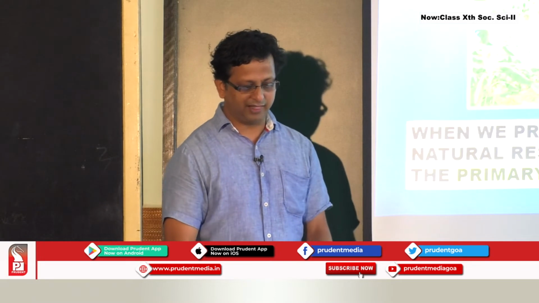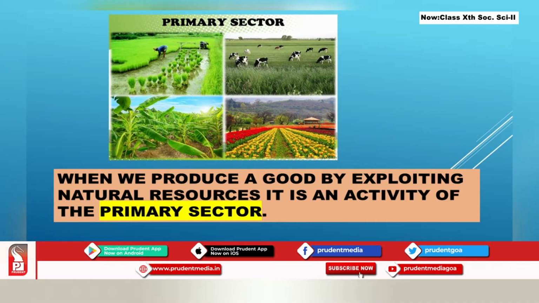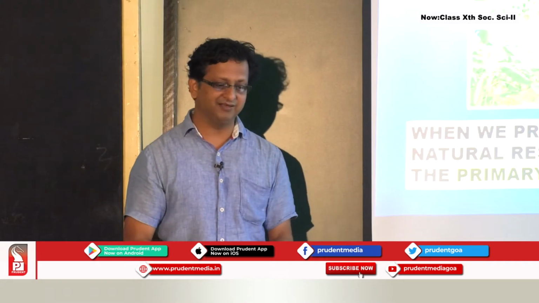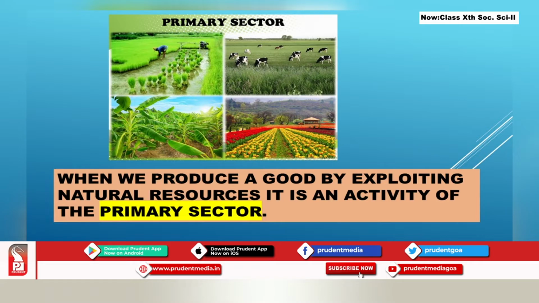So in short, when we produce a good by exploiting natural resources, it is an activity of the primary sector. Is it clear? I repeat again, when we produce a good by exploiting natural resources, it is an activity of the primary sector.